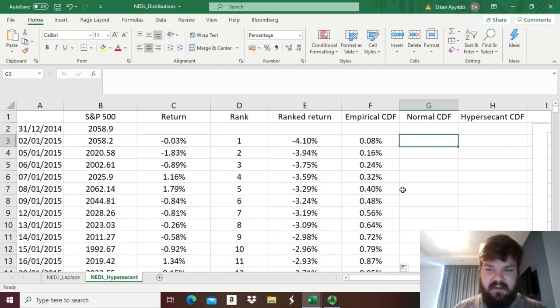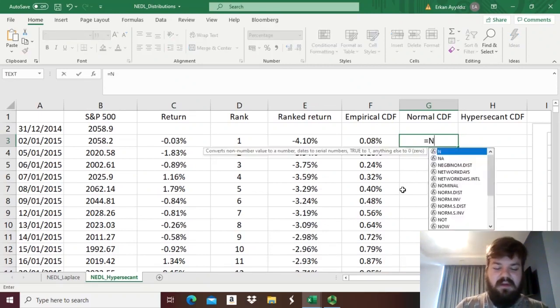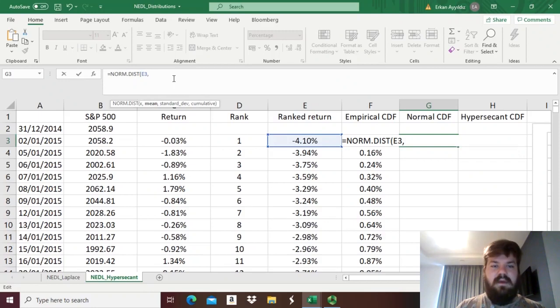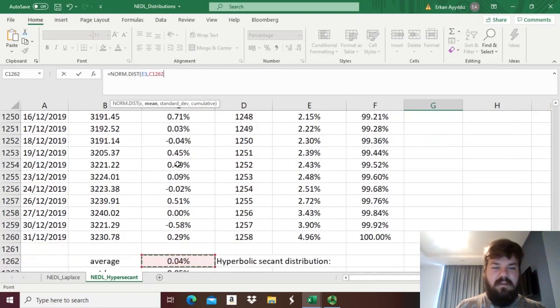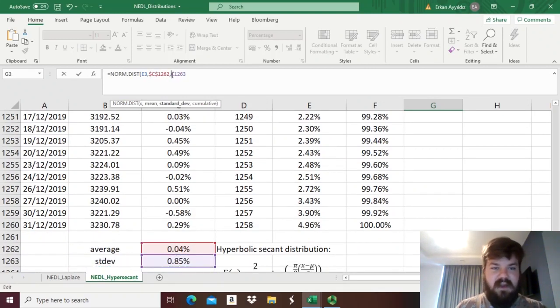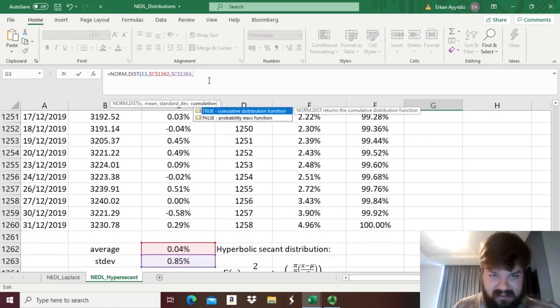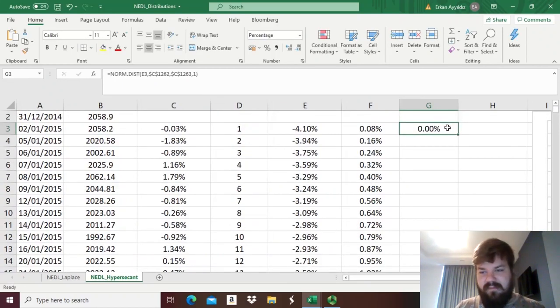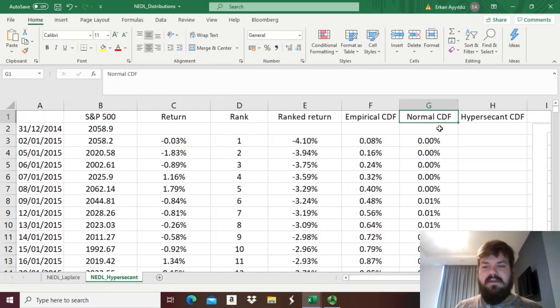Well, we have already fitted a bunch of normal distributions to real-world data, so just to recap, NORM.DIST, the x is the rank return, the mean we already know, that's 0.04%, and we need to lock that, and the standard deviation is 0.85%, and we need to lock it as well. And again, we need the cumulative distribution function, not the probability density function, so we plug in 1 over here. And that will give us the normal cumulative distribution function.